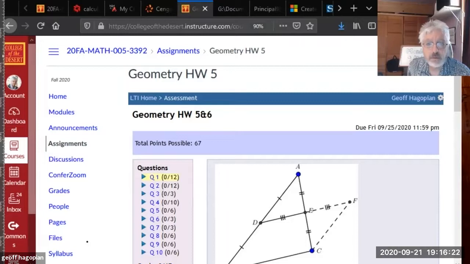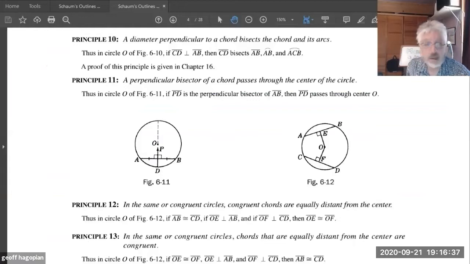So 6.12. Oh, I see that. That's this one here. Okay, so 6.12 is principle 12. In the same or congruent circles, congruent chords are equally distant from the center.